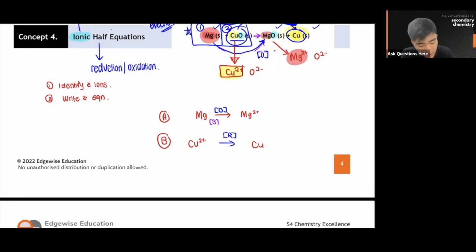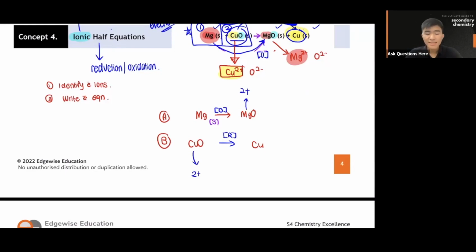Let me illustrate this idea with the example of magnesium to magnesium oxide and copper oxide to copper. Just now we agreed that magnesium exists as a 2+ ion and copper exists as a 2+ ion when it's in an ionic lattice or ionic structure.